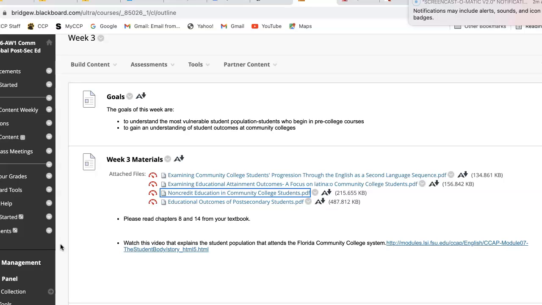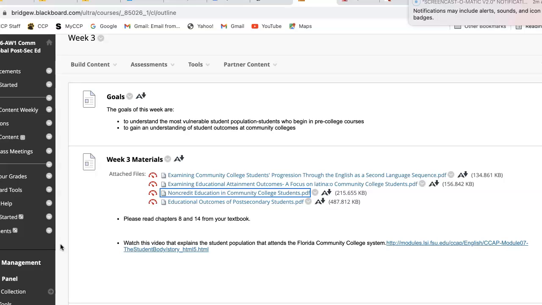Chapter 8 is about developmental education. That means students who come to community colleges are not in a position to start in degree programs or college level courses because when they take a placement test, they get placed below college level and they have to complete that course sequence before they're eligible to take any credit courses.